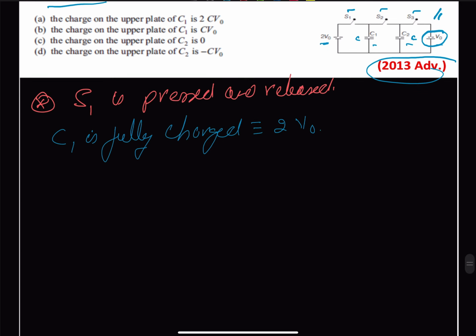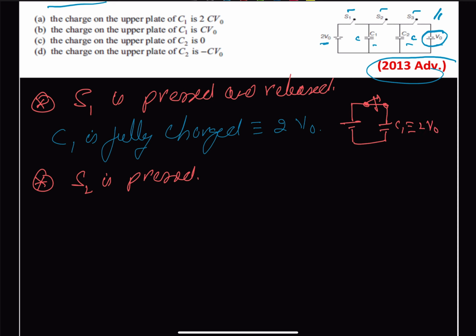In the second case, we are given that S2 is pressed. For this, we can just draw the figure also. So this is our S1. It is pressed and released. So in a fraction of a second, the capacitor C1 is going to charge to a voltage of twice V0, because there is no resistance.